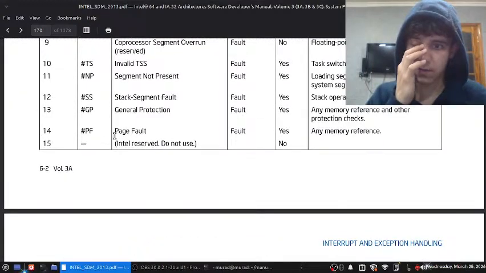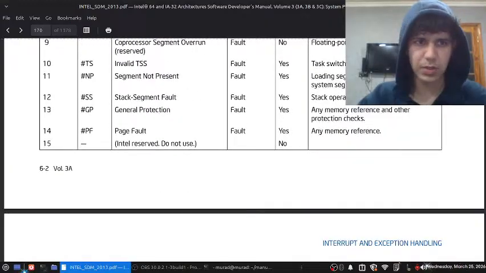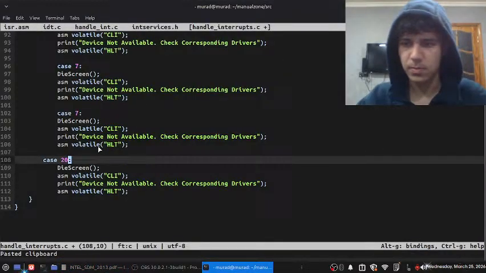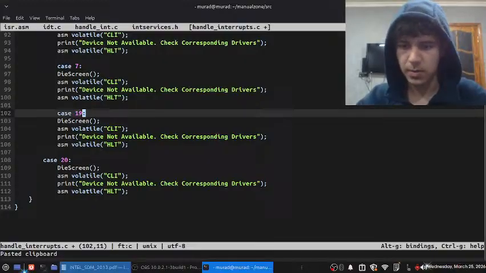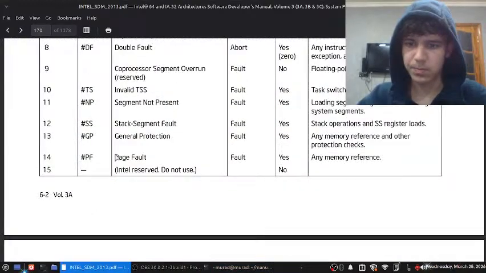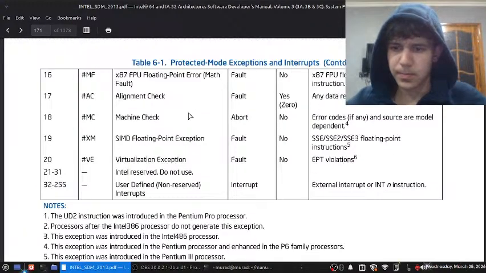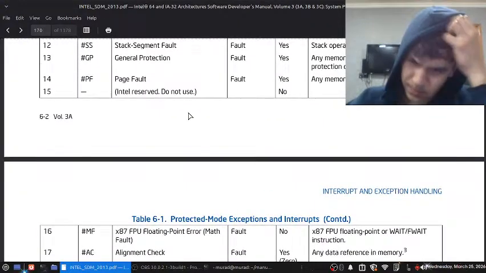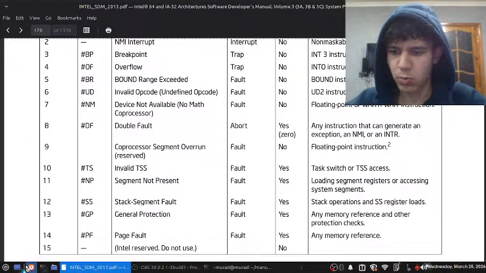And the 5 interrupts here are reserved. I have to delete the 5 interrupts. Case 7, case 12.